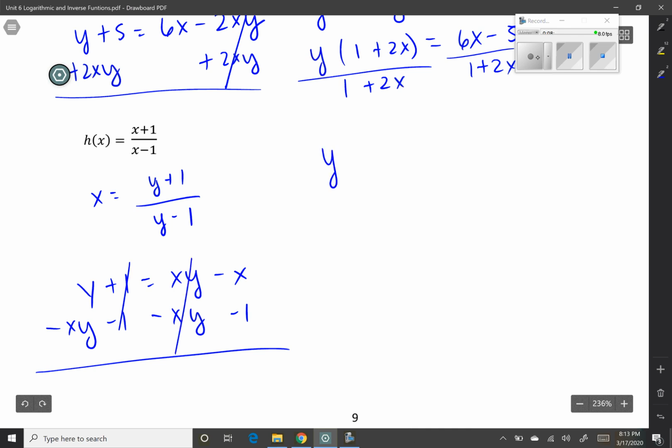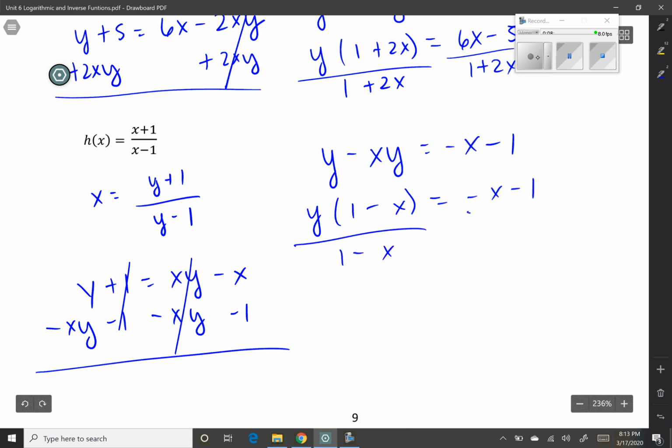So you left yourself with y minus xy equals negative x minus 1. You did your magic trick and got it so that the y was by itself. And then you divided by 1 minus x. And you got your final answer, h negative 1 of x is equal to negative x minus 1 over 1 minus x.